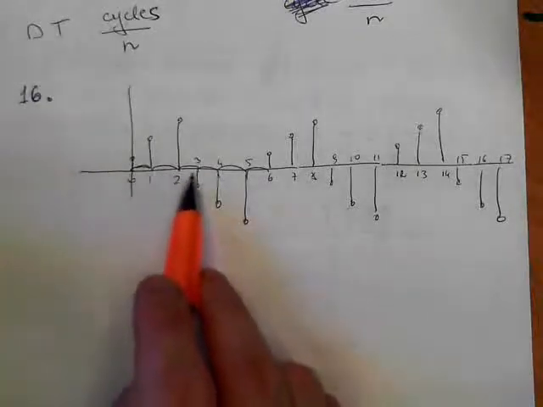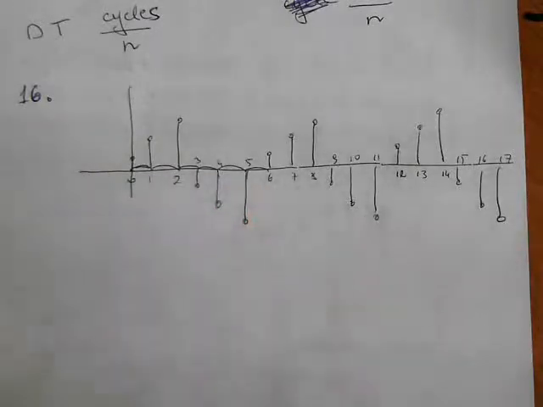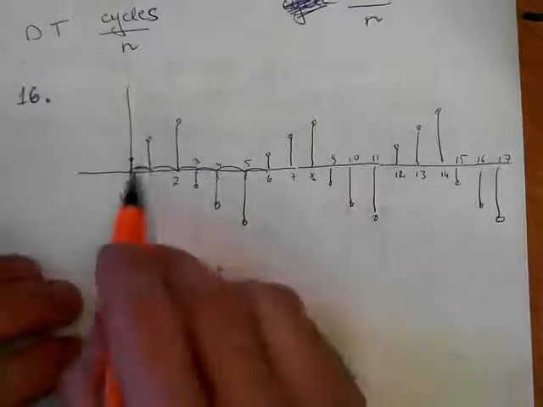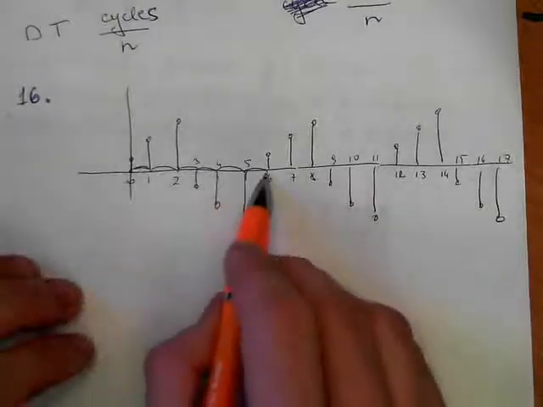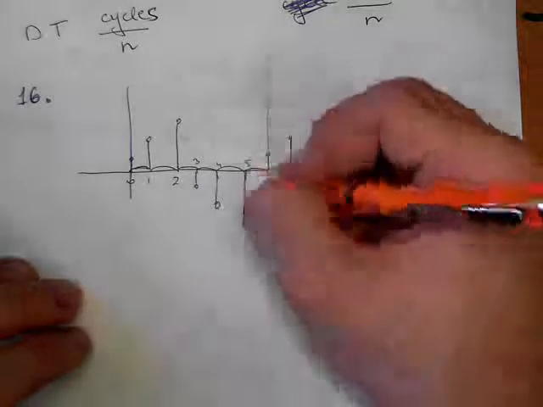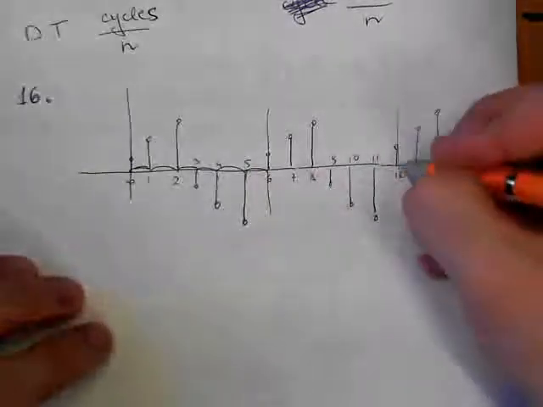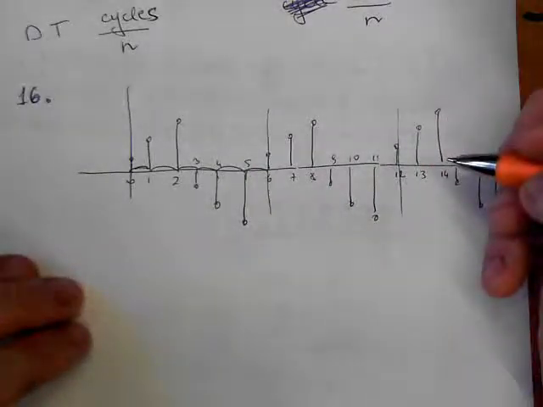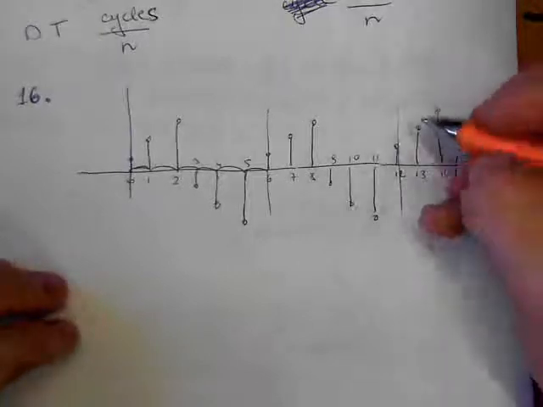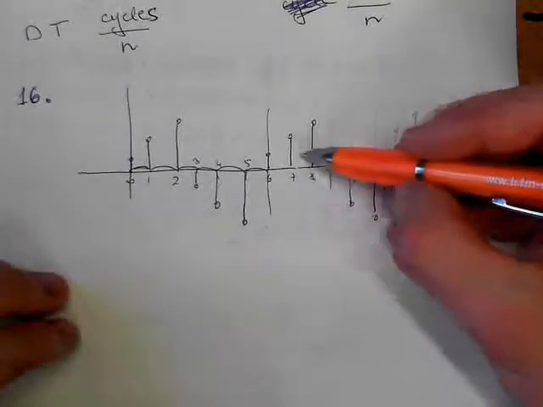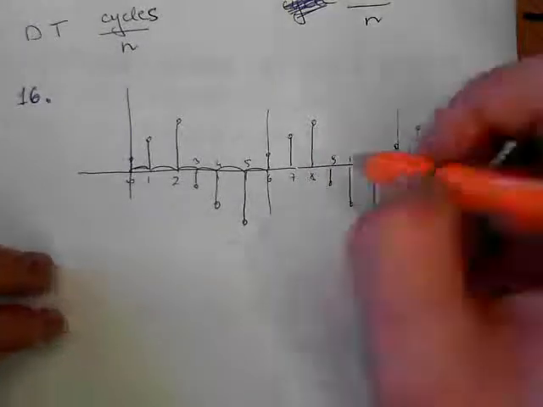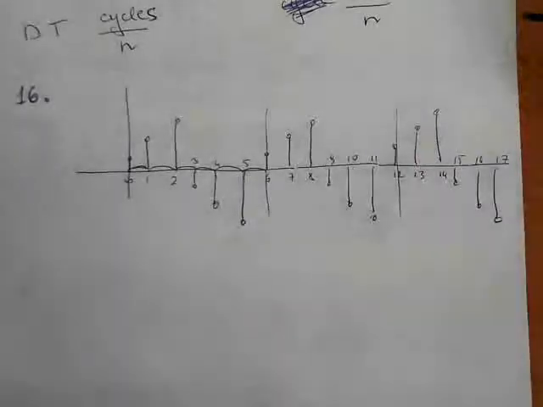Then 1, 2, 3, 4, 5, 6. Because we see that the signal is repeating here, and it has here again 1, 2, 3, 4, 5, 6 gaps.